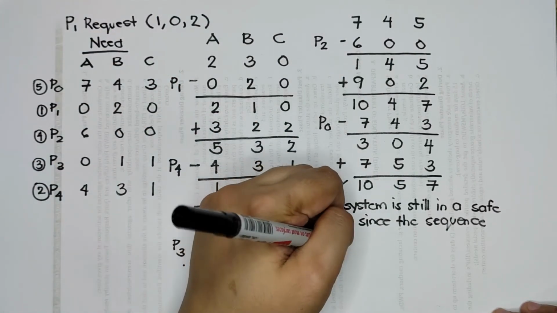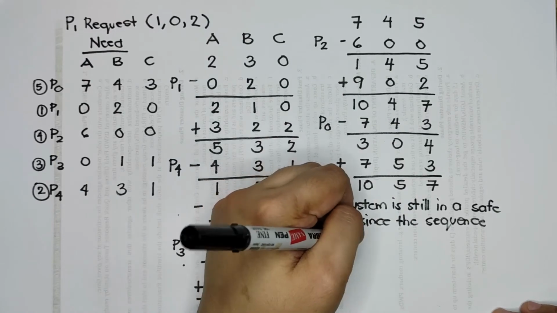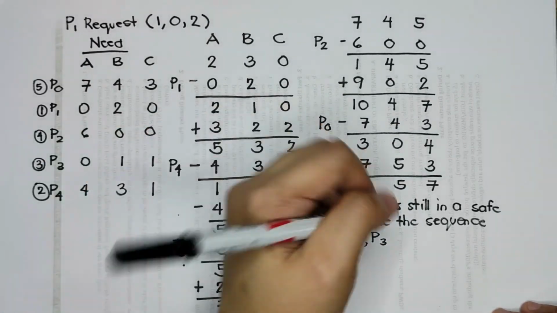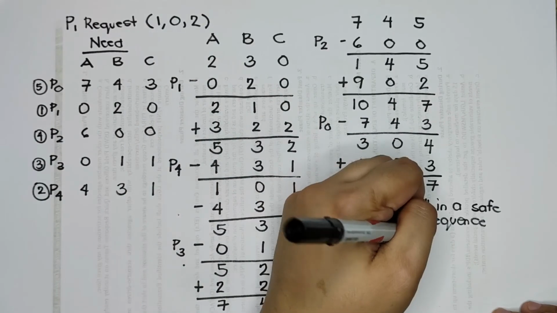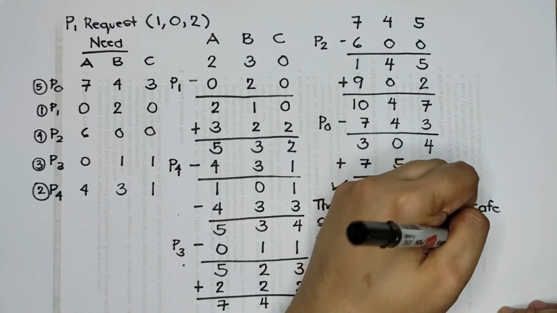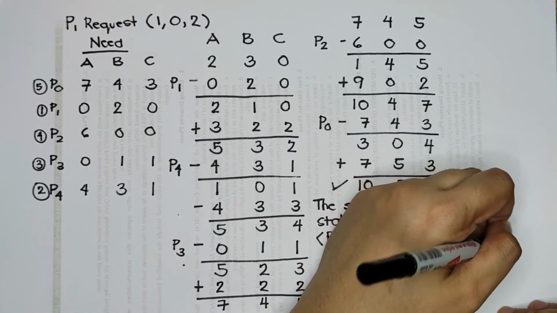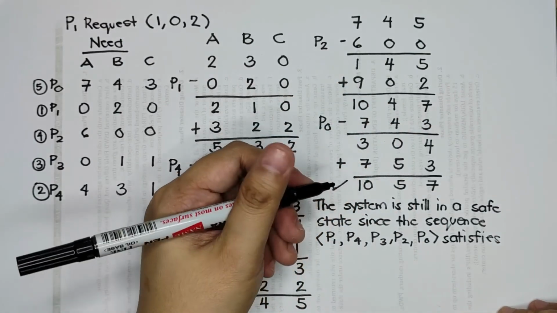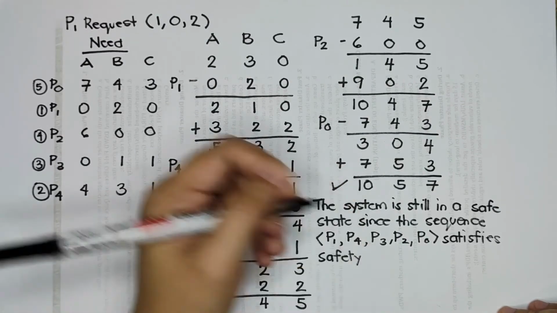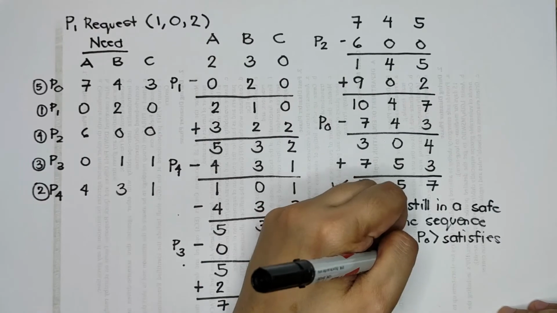We have P sub 1, P sub 4, P sub 3, and then P sub 2, P sub 0 satisfies safety criteria.